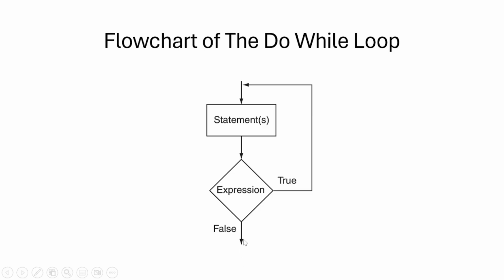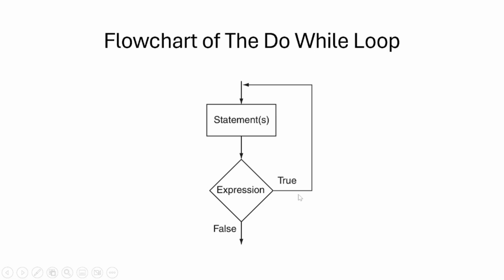Then we can break out of our do while loop and go to the next code of execution. So even if our condition is false the first time, we are still going to execute the statement in a do while loop before we actually check the expression.